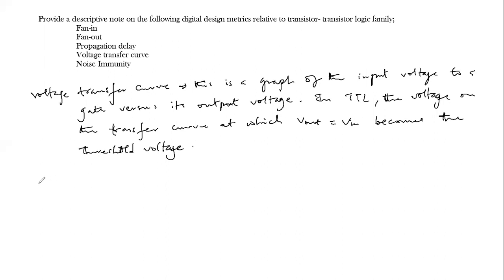Then we have noise immunity. And the noise immunity is a measure of the ability of a digital circuit to avert logic level changes on signal lines, okay? Especially when the noise causes voltage level changes, okay?